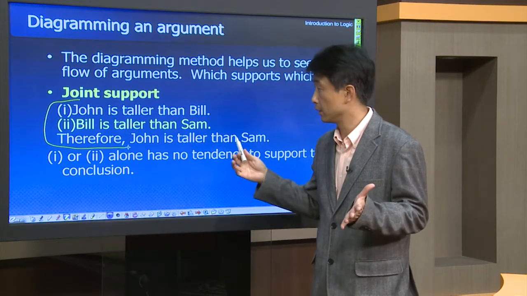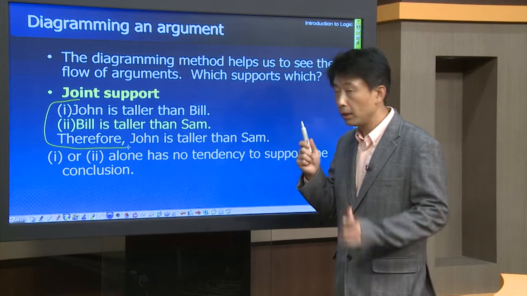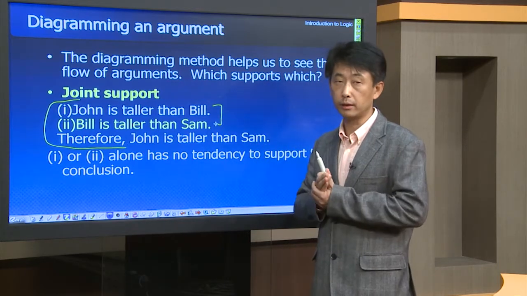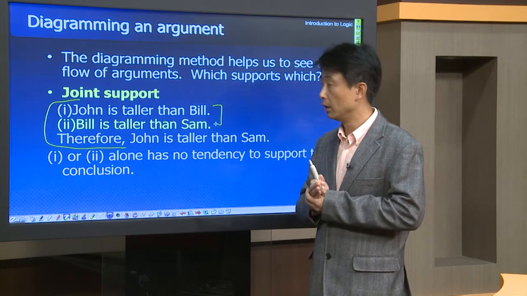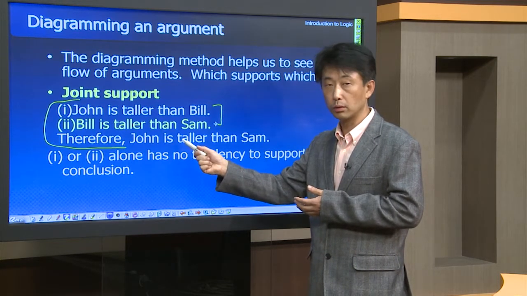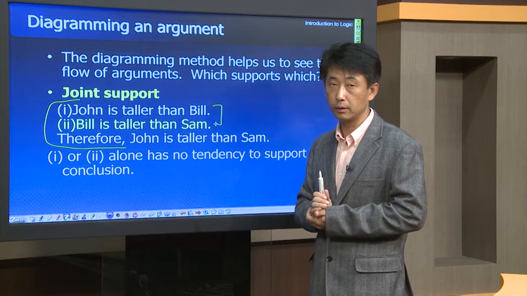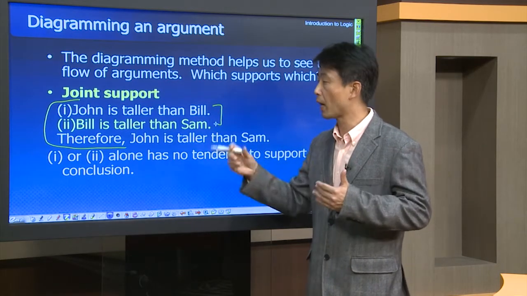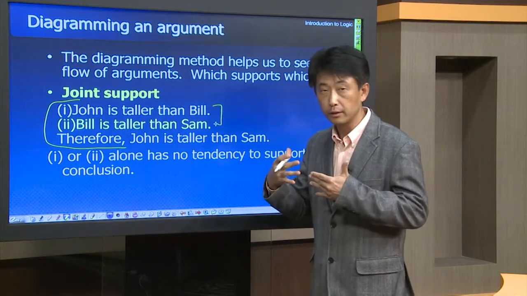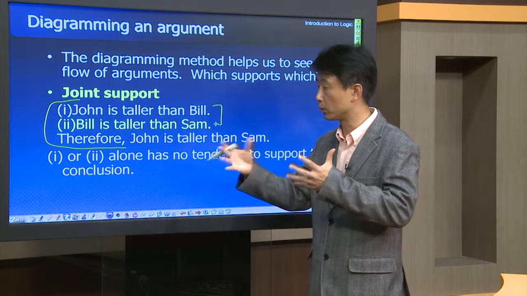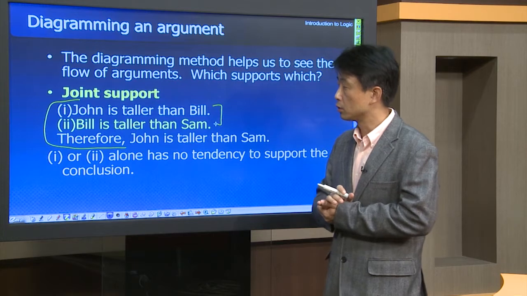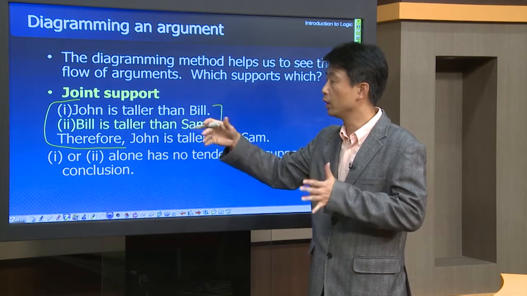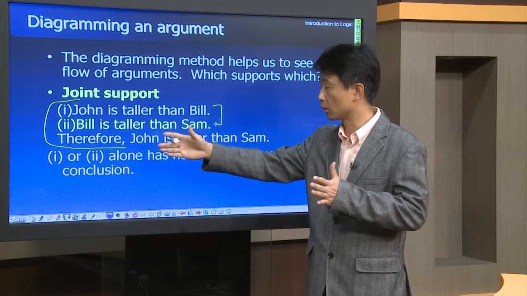We don't know Sam yet. But notice that when you add these two premises together, now they support this quite well. So we can see the manner in which these two premises work together, cooperate to support the conclusion. So when this happens, we say the premises give joint support of the conclusion.